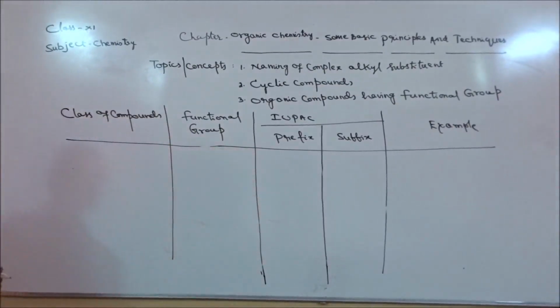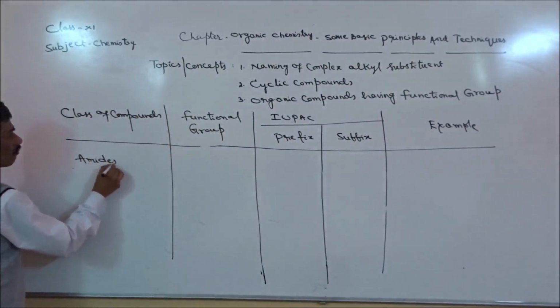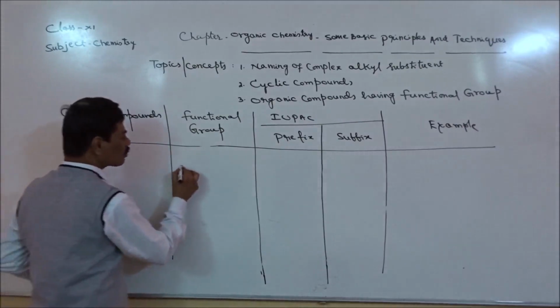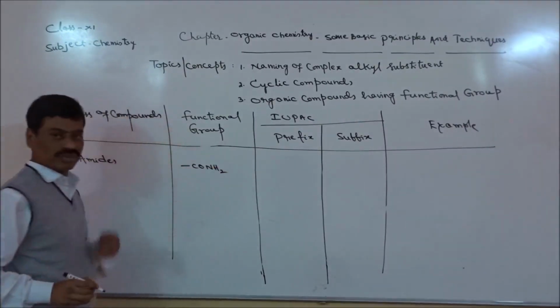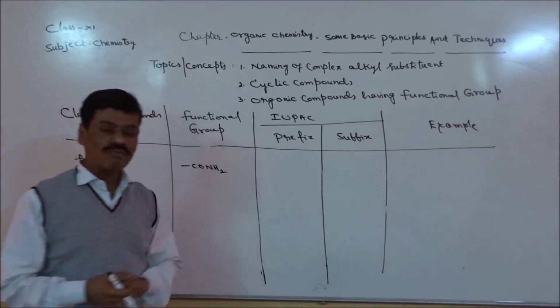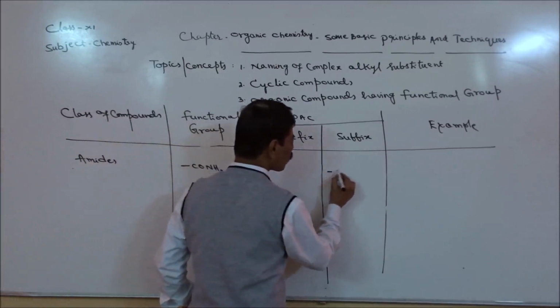Now, let us see the other class of compounds, that is amides. And the functional group is CONH2. And the name of the compound ends with amide, so it is the suffix.